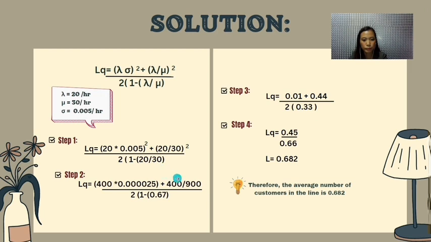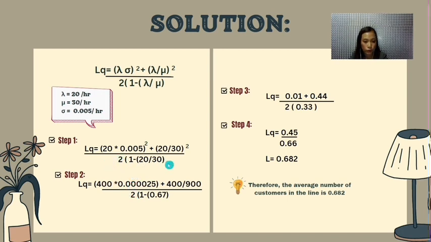So, next, the second equation. Plus, since 2 rin dito yung exponent, we should multiply the variable by itself. So, 20 times 20 is equals to 400 over 30 times 30 is 900. So, hindi pa dyan natatapos. Meron pang denominator, 2.